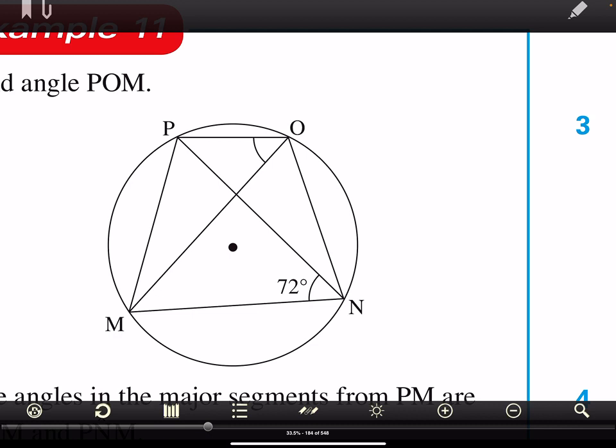Who can help us? Who sees it? P go to M, come back to M, 72.